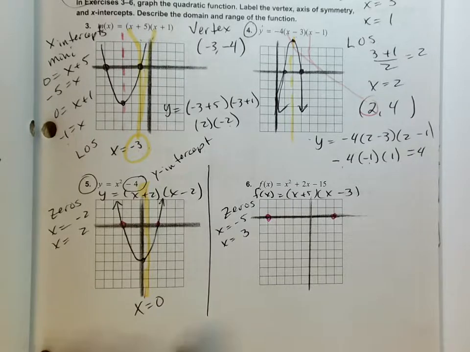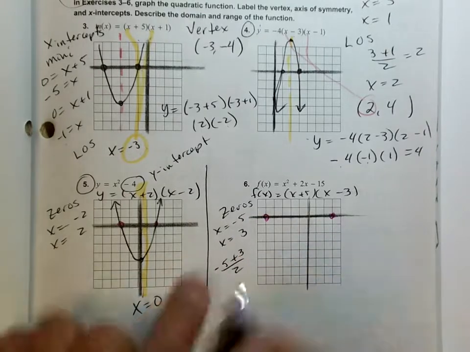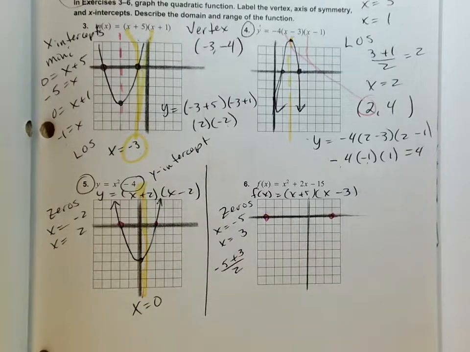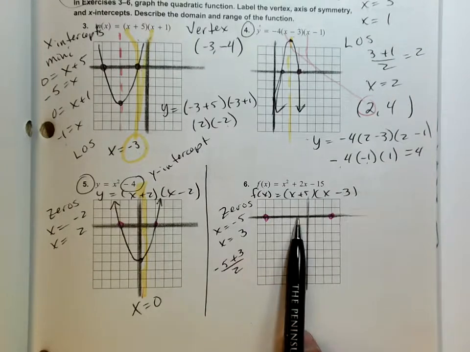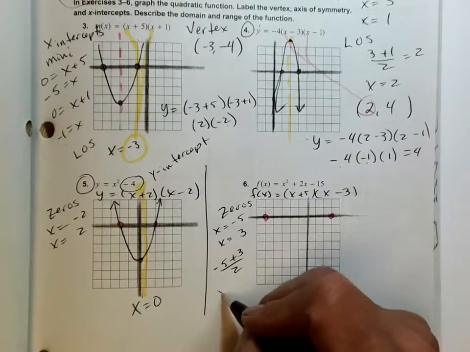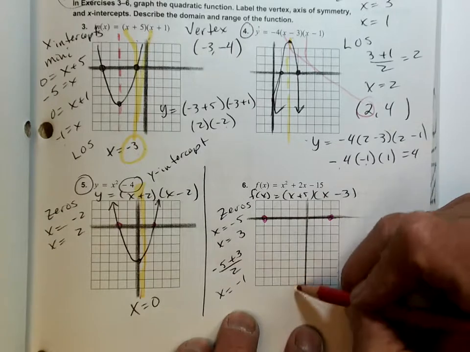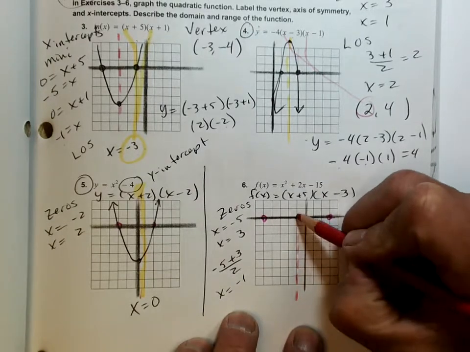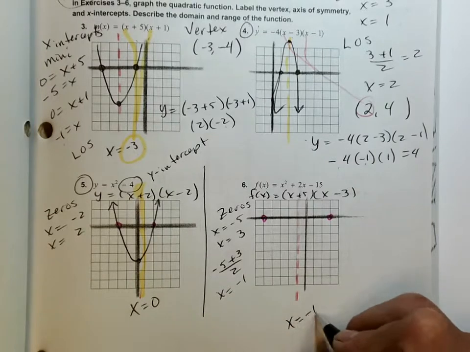Well, let's average them. Let's go negative 5 plus 3 divided by 2, right? Because we should be able to find right in the middle. All I'm doing is averaging to find the middle, which is negative 2 over 2, which is negative 1. So x equals negative 1 is my line of symmetry. I'll put that in. There's my line of symmetry at x equals negative 1, LOS.